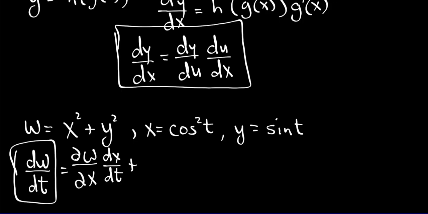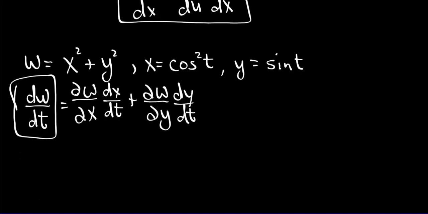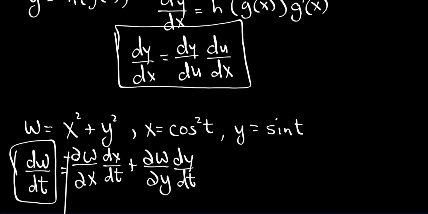Then I want to do the same thing over here: the partial of w with respect to y times the partial of y with respect to t. So we're working our way from the outside in, right? Let's see how this would work out.